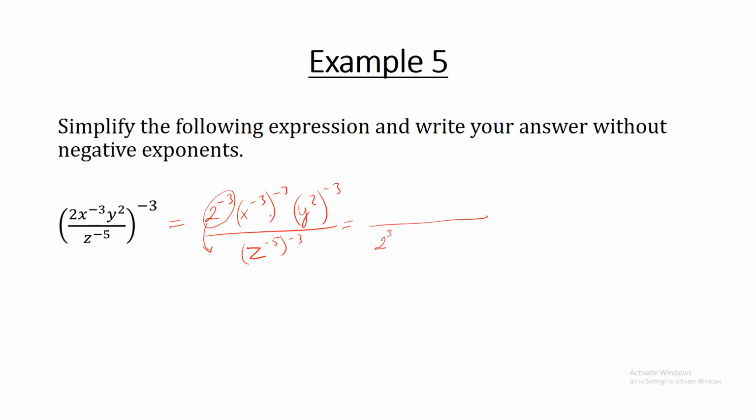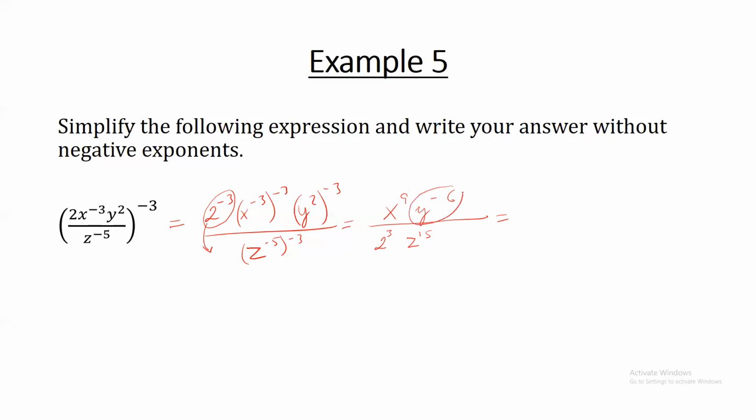We'll come back to it later. X, -3 times -3 is +9. Y, 2 times -3 is -6. Z, -5 times -3 is +15. And now we just have to tie up some loose ends.